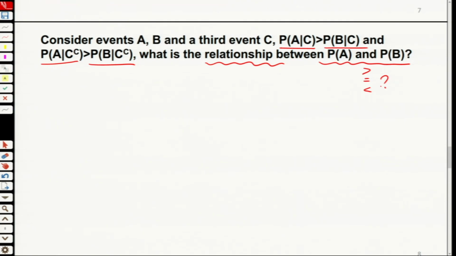So in order to solve this problem, let's use the total probability rule. That is probability A given C times probability C, plus probability A given C complement times probability C complement.